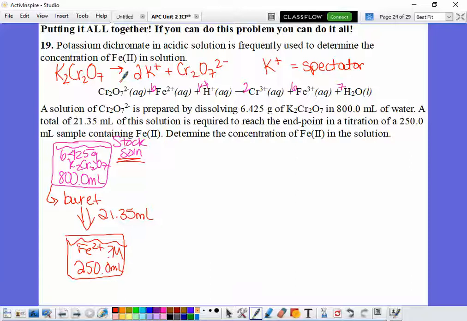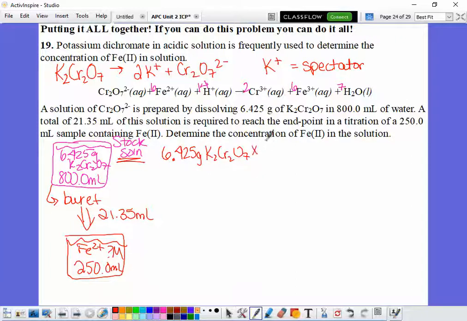All right, so go ahead and we need to figure out the concentration of our dichromate in that solution by converting the 6.425 grams of potassium dichromate to what?